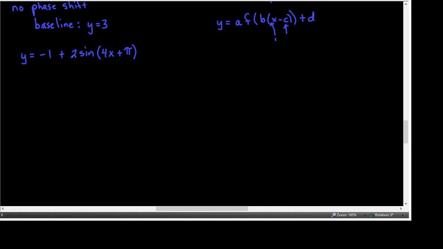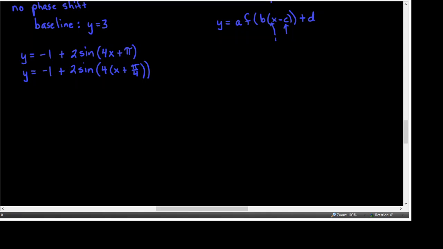So to actually see the phase shift, if you have a coefficient on X inside the parentheses, you're going to need to factor that off. So factoring off the 4, 4x divided by 4 leaves X, plus pi divided by 4 leaves pi over 4. And that number, pi over 4, is giving us the phase shift distance.